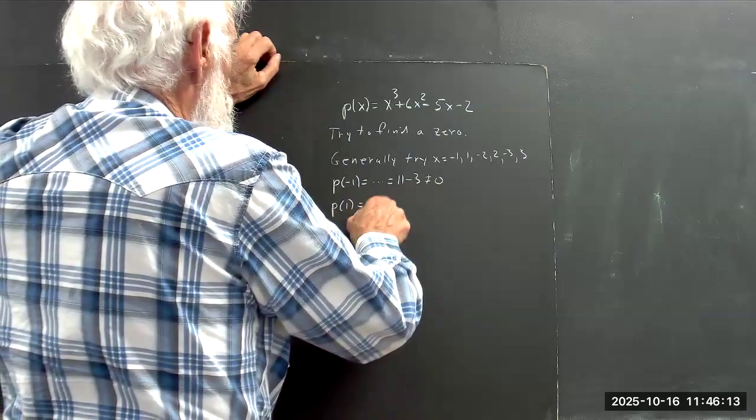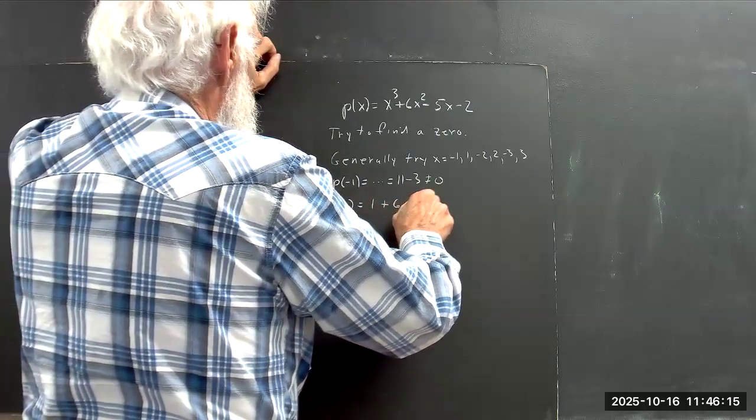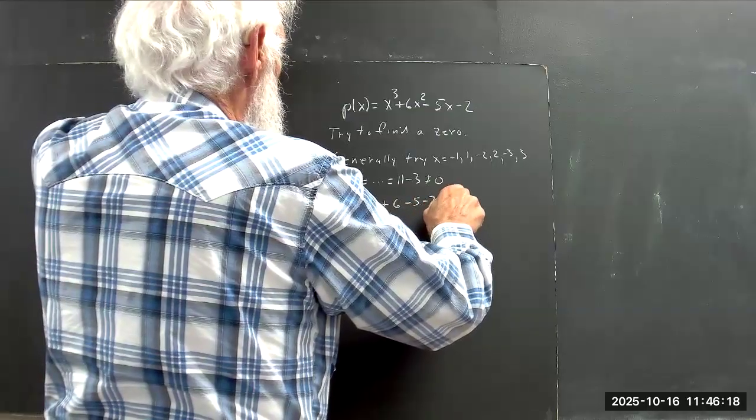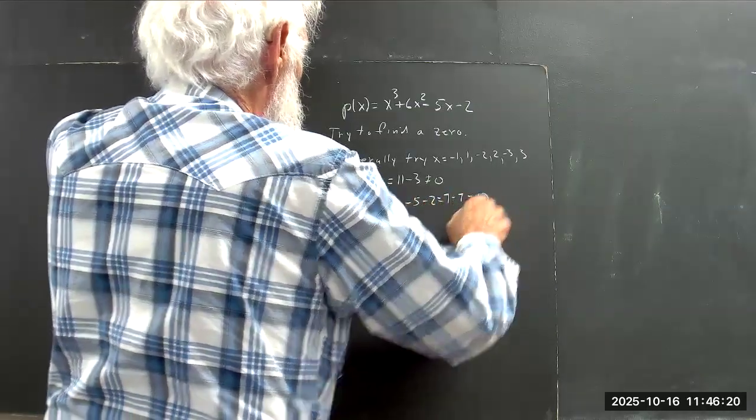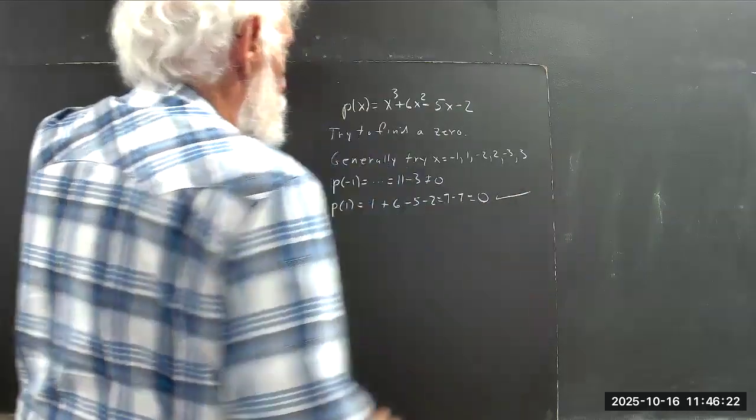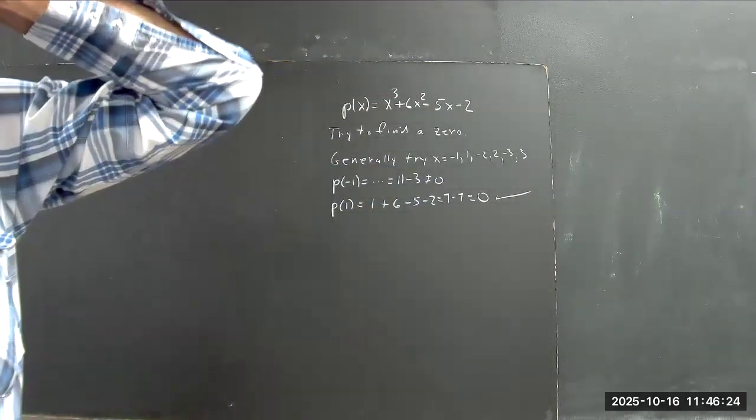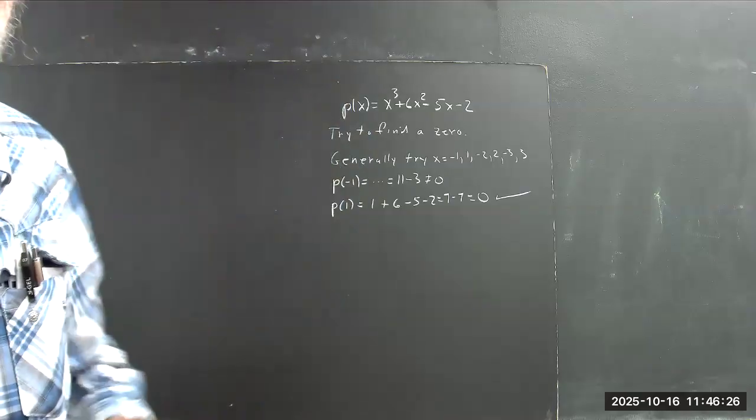P of 1 equals what? 1 plus 6 minus 5 minus 2 equals 7 minus 7 equals 0. Check. Now why is that good?